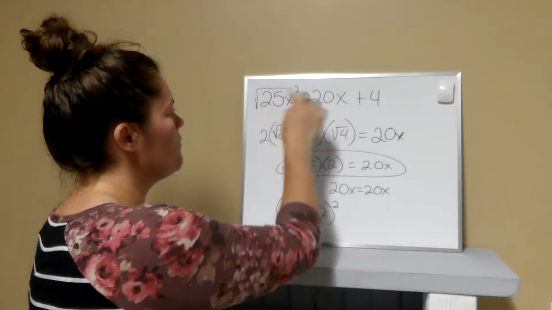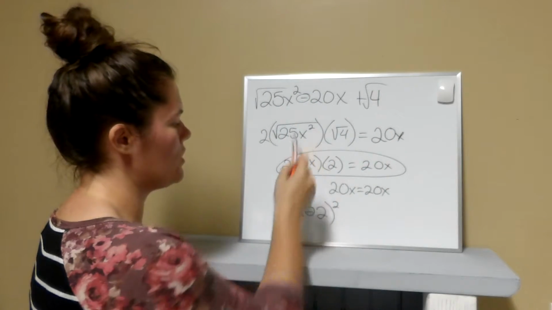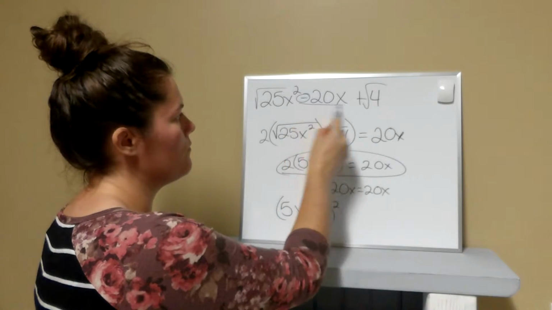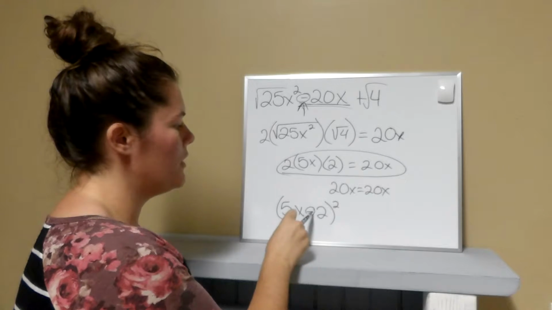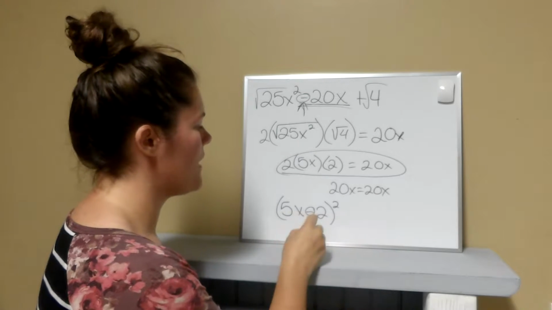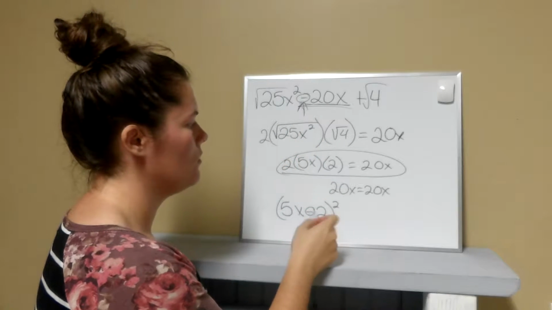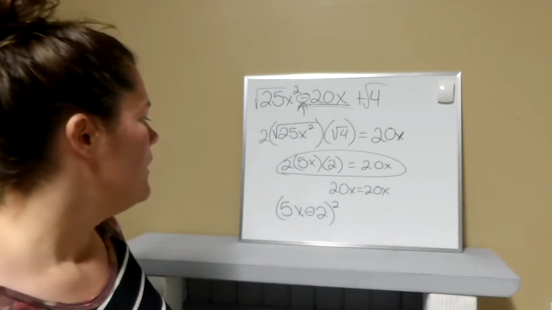You take the square root of this, you take the square root of that, and whatever sign goes in the middle, you put that in between the two numbers. So your equation is 5x minus 2 squared, because you're still multiplying it times 2.